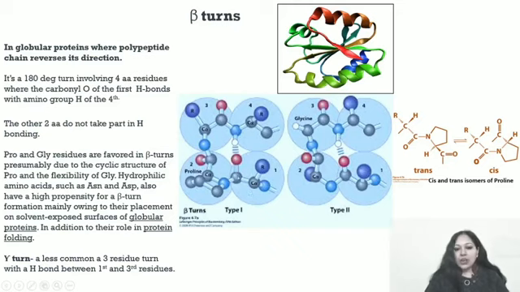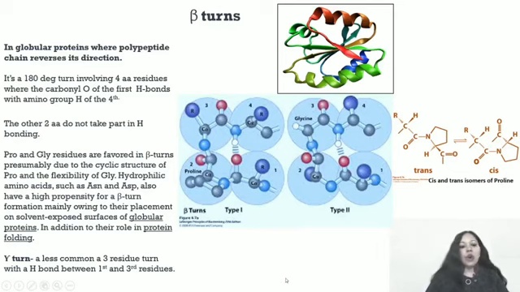Why? To give the structure a turn-like form. You can see a beautiful turn is formed when trans is converted into cis. So these are the cis and trans isomers of proline, and proline, which was not found or very rarely found in the alpha helix and beta sheet, is mostly found in the turns.